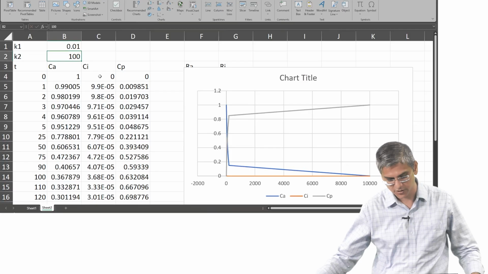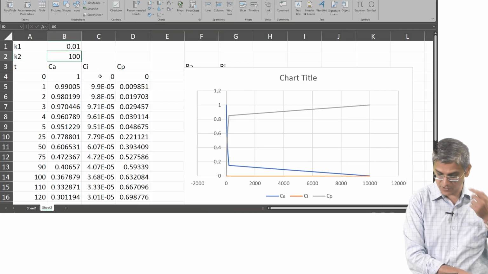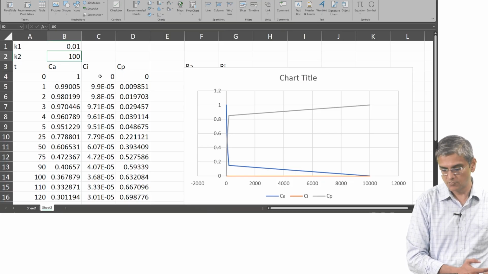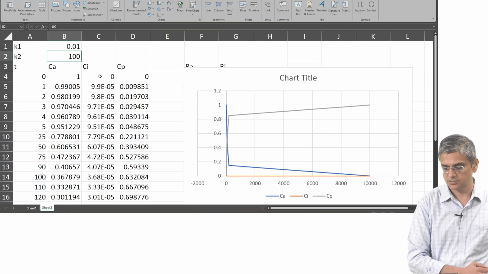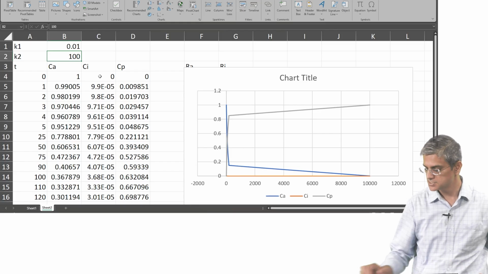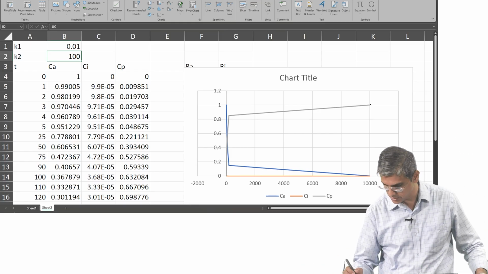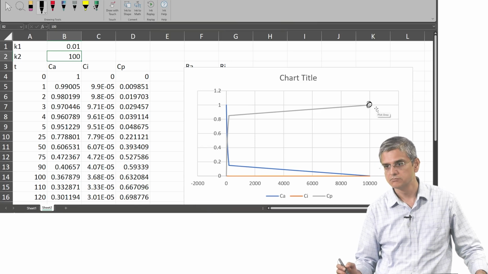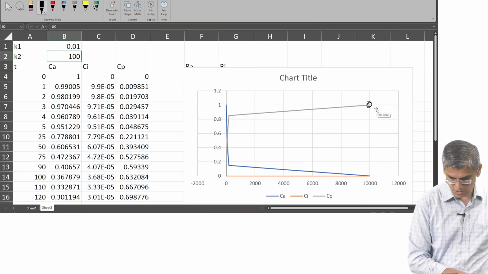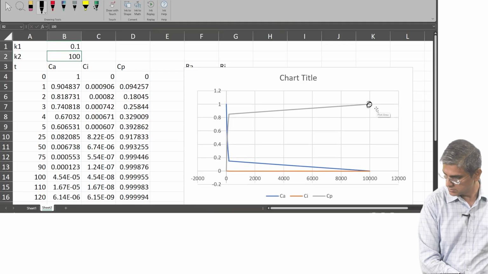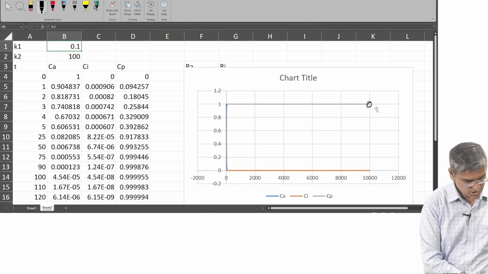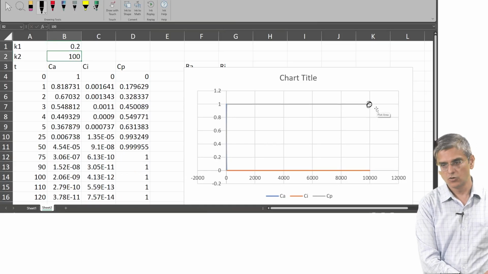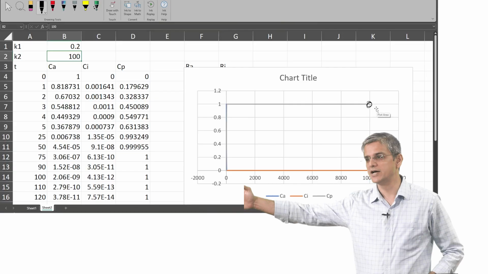Now because I've plotted it differently, that's why you are seeing this. If I had plotted it the same way as earlier, you wouldn't see it like this. But even if I'm going very slowly, I am still reaching the same endpoint. If it's 0.1, again I am reaching the same endpoint. If it's 0.2, I am still reaching the same endpoint. But see how slowly I am going.